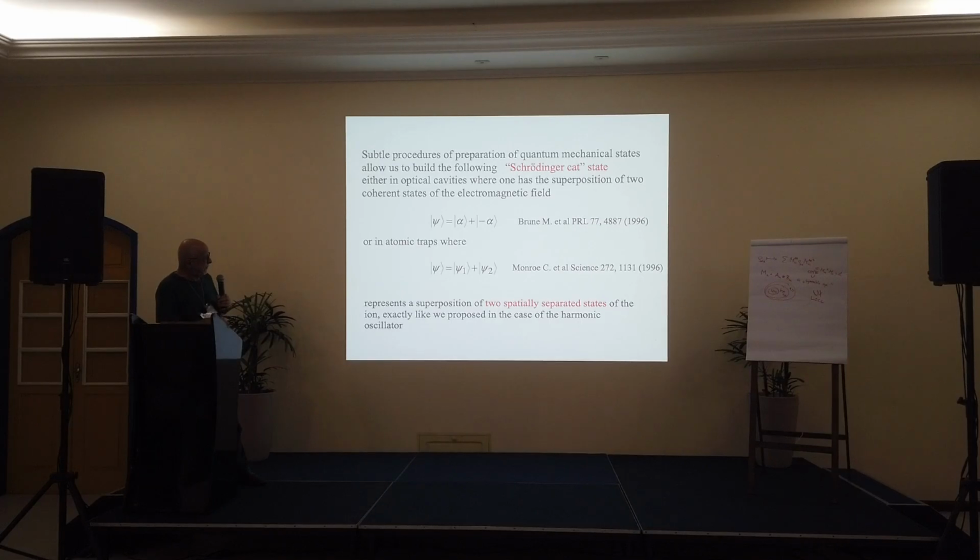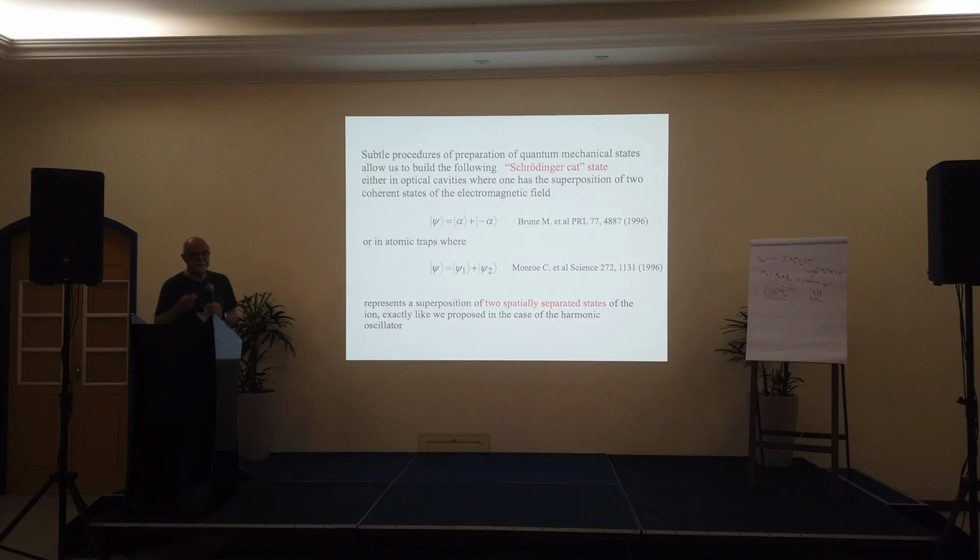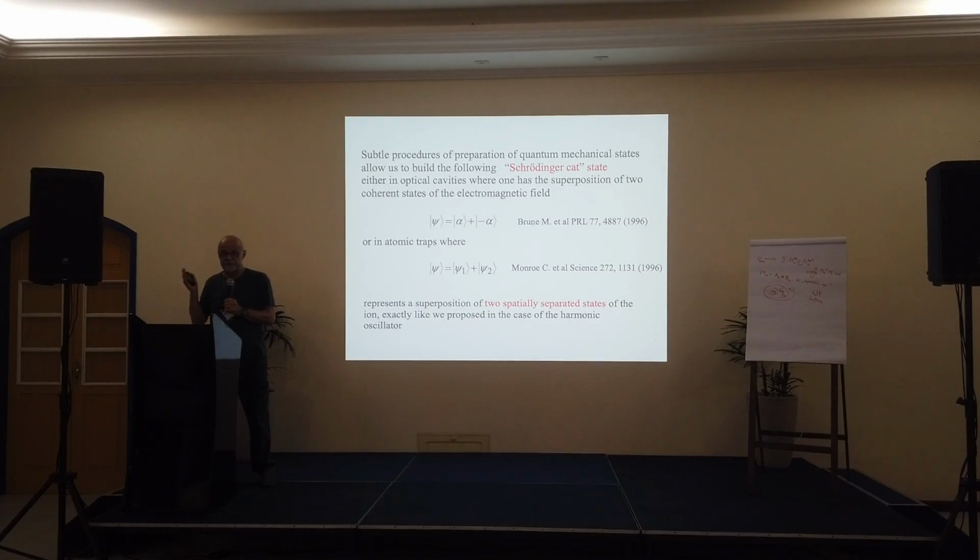And this one here, in atomic traps, that's the reference, and that's in the group of Wineland, where they prepare this ion in a superposition of two different positions. And these are the examples of what I just said, the destruction of interference of two wave packets in harmonic potentials.